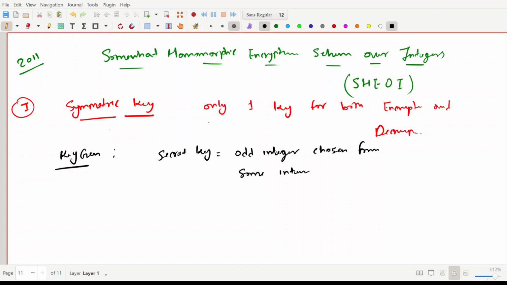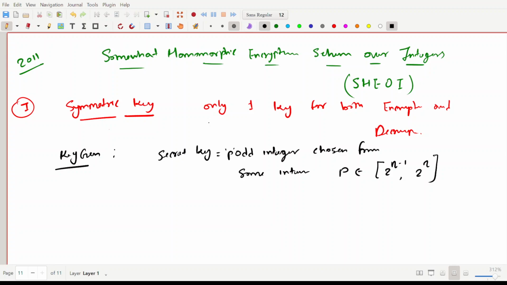Say your secret key is P, which belongs to some interval, say 2 raised to. Forget about this interval, because these intervals are mentioned based on the security notion. This is your secret key. As I told you, in the case of symmetric key, there is only one secret.